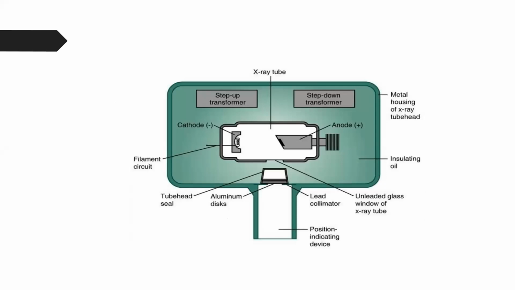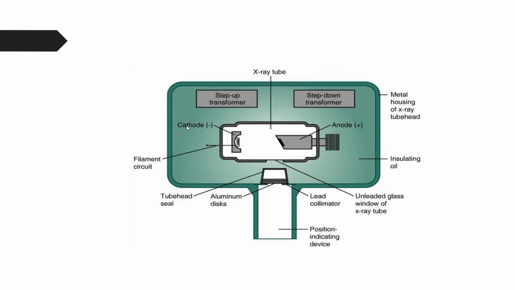So this picture identifies all the parts of the X-ray tube head that we talked about, right? So we have the metal housing, the insulating oil that directs the heat away. We have the X-ray tube where the X-rays are produced. All right.